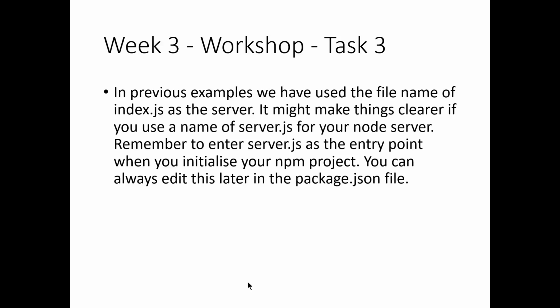The default option is index.js. It might be easy if you just change that to server.js. That way you're clear which file is your server and which other JavaScript files are not. If you don't do it straight up, you can always change it later on by editing the package.json file.